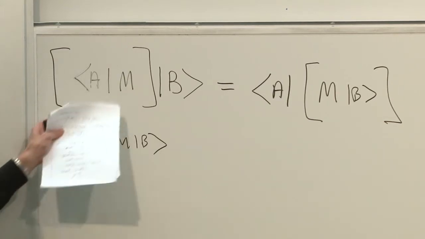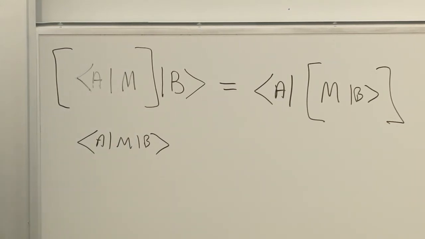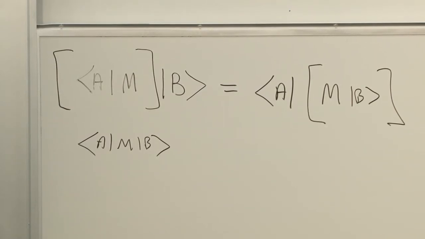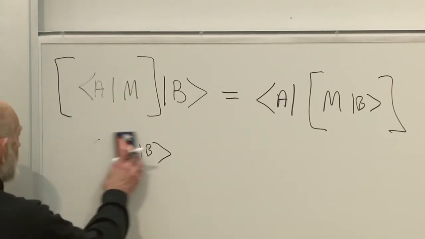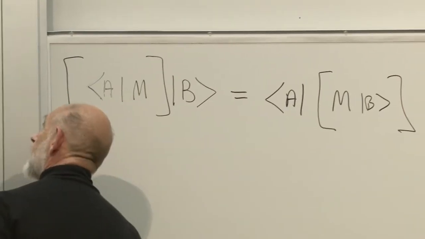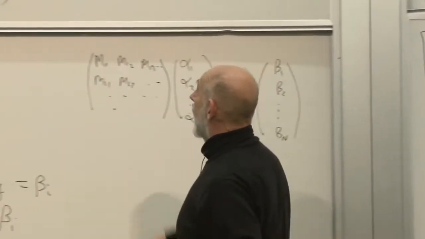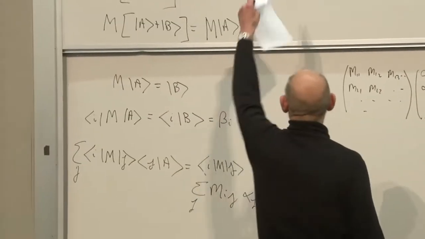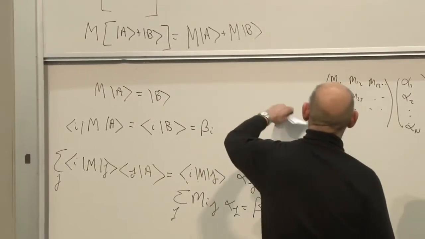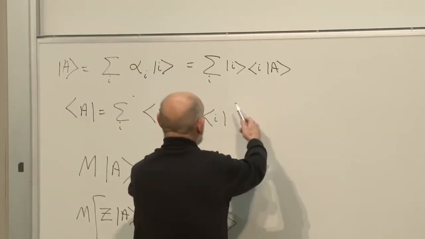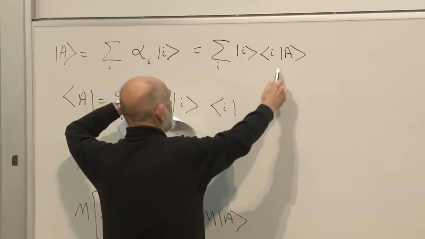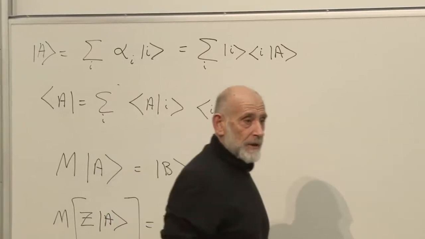Okay, let's see that we can do this. In order to see it, let's start with the definition this way. And now I'm going to use that trick up on the top, where you write a vector by inserting a complete set of states.